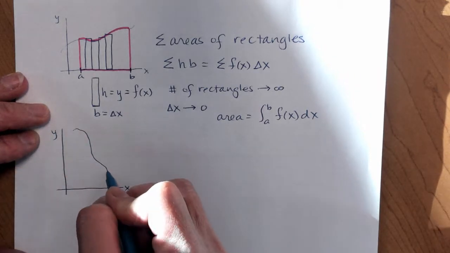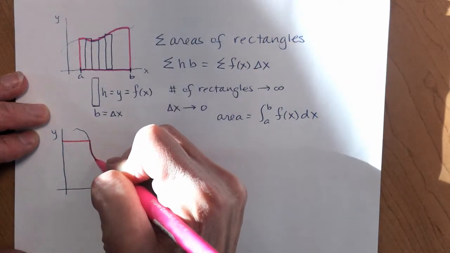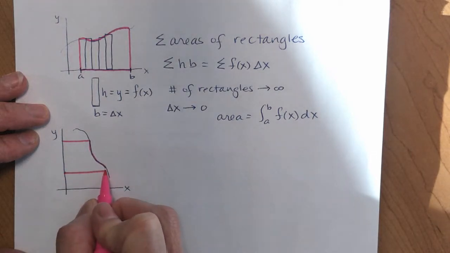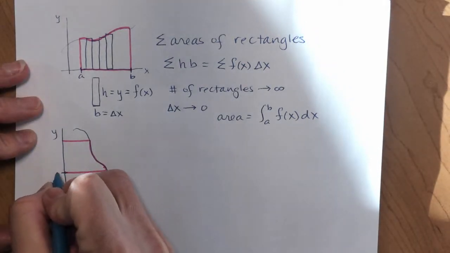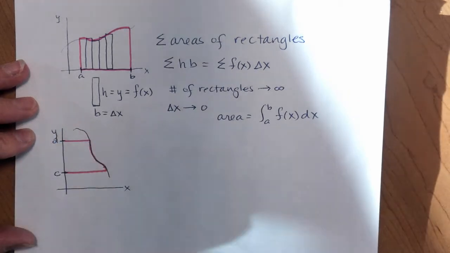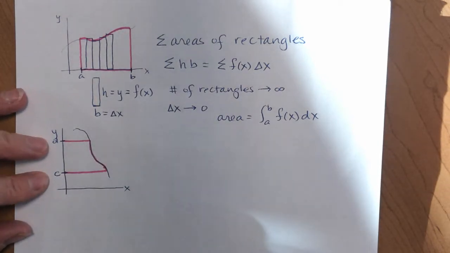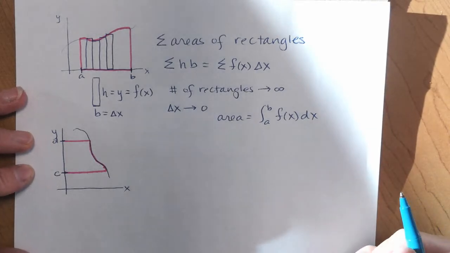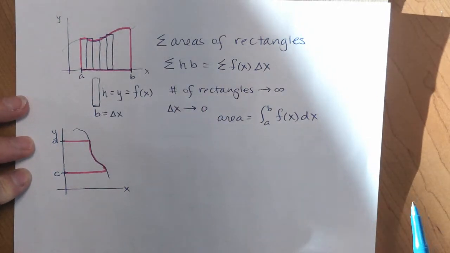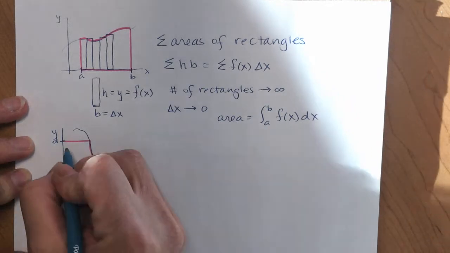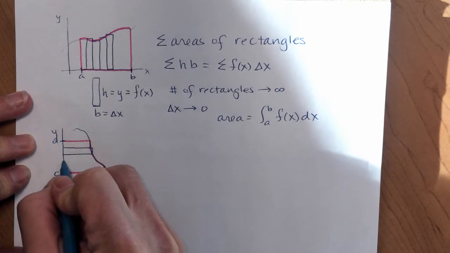So let's say I have some curve here, and I'm trying to find the area bounded by the curve and the y-axis, and let's call our y values C and D. So I'm trying to find the area bounded by this curve and the y-axis for y from C to D. How we do that is very similar to how we do it for area bounded by a curve and the x-axis, except this time our rectangles are going to be sideways. They're going to look like this.